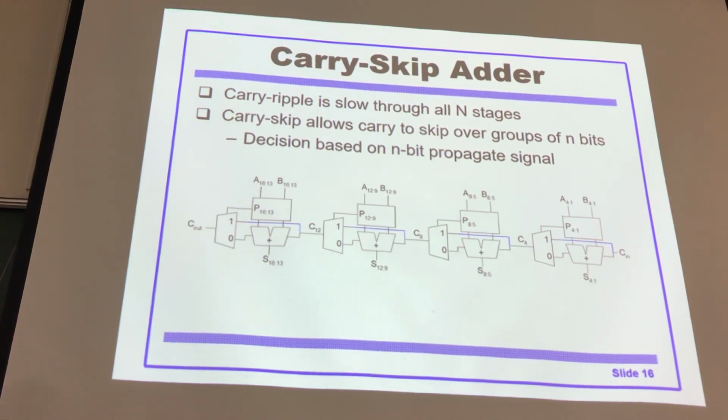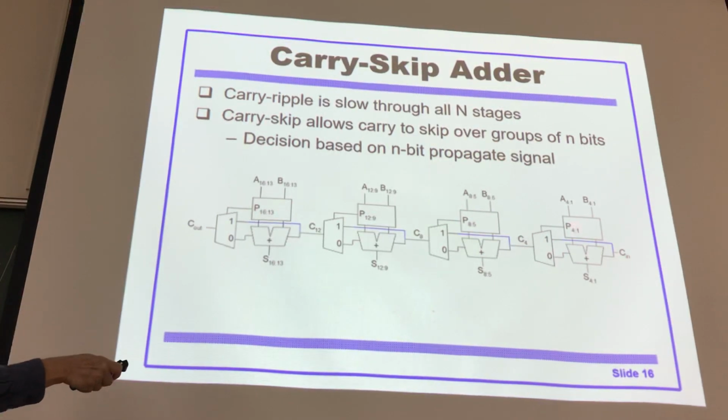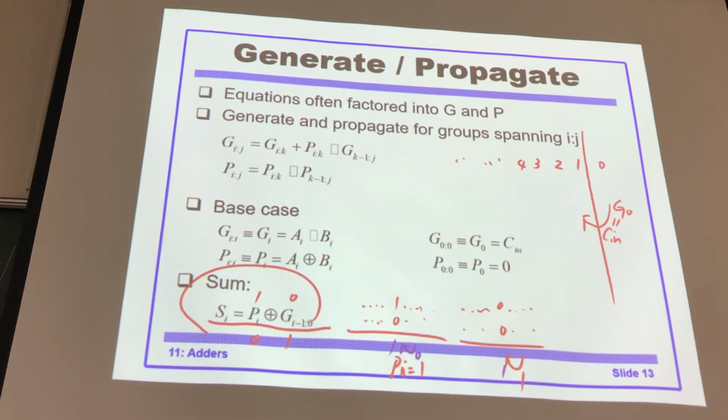And how do you do that? This is a circuit to generate carry propagate, 4-bit group carry propagate. How do you get that? Remember the equation? Group carry propagate is the carry propagate.